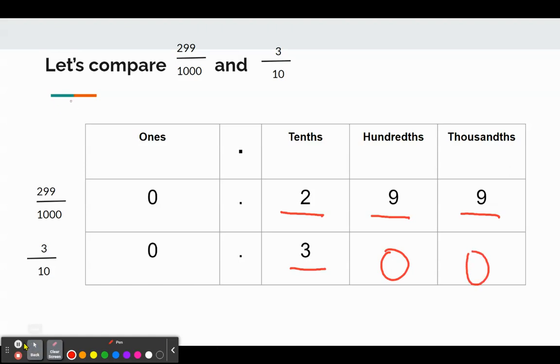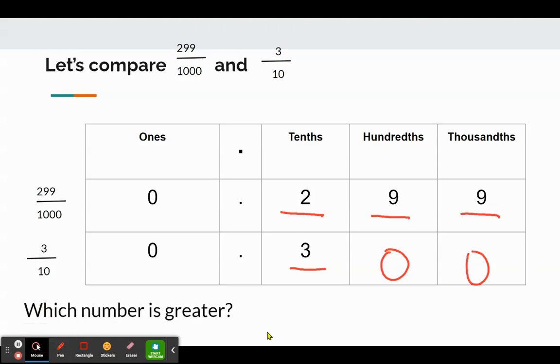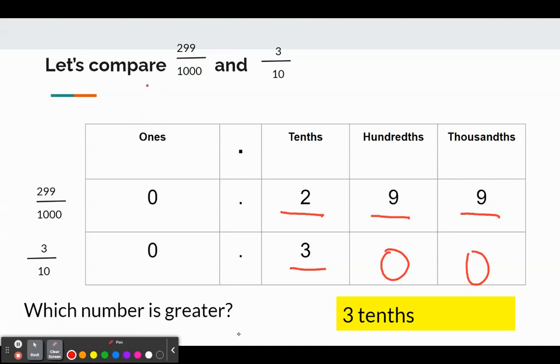Okay, so now let's find out which number is greater, 299 thousandths or 3 tenths. 3 tenths is greater. Although 299 thousandths has more digits, 3 tenths is larger because remember, when we're comparing numbers, we're going to start with our biggest place value, which is going to be our ones place on this place value chart.